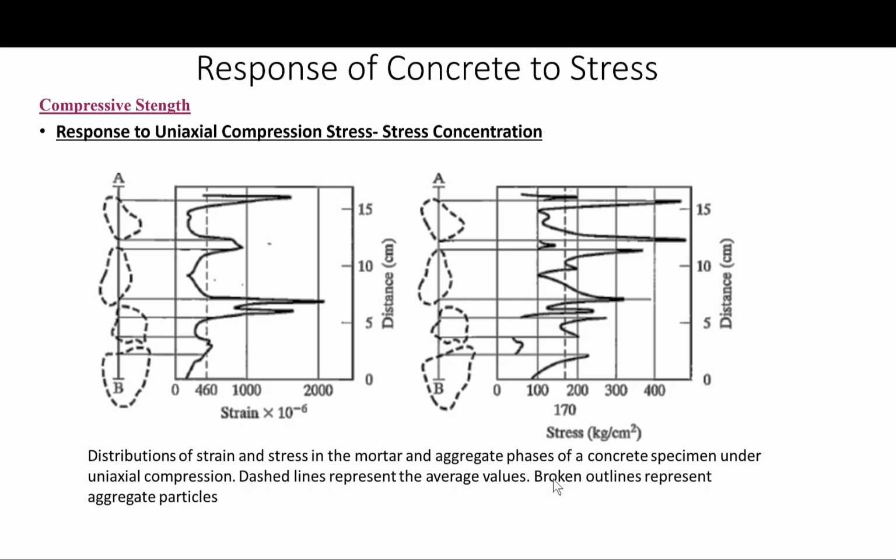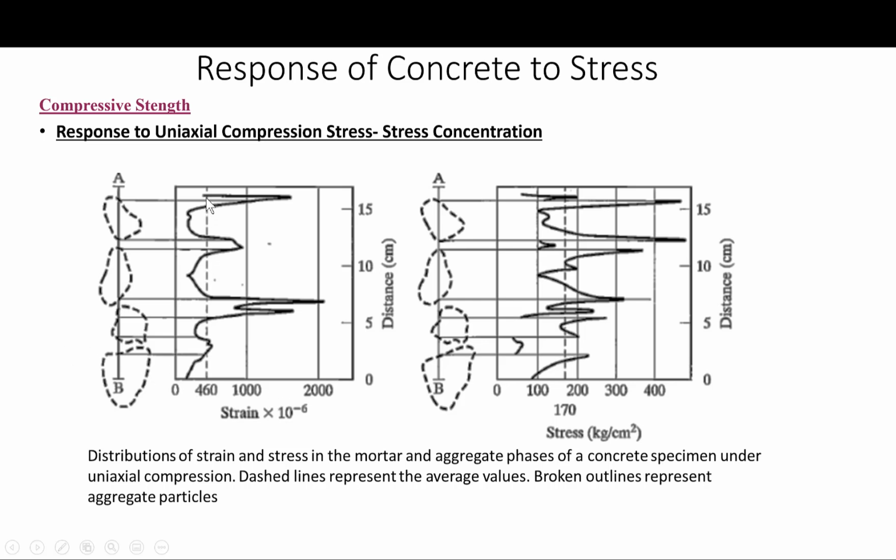This is shown in this figure, which, as I said before, is based on using photoelastic coatings on the surface of a concrete specimen in compression, to measure the localized stresses and strains. So the localized strains, as we can see here, may be as much as 4.5 times the average strains.